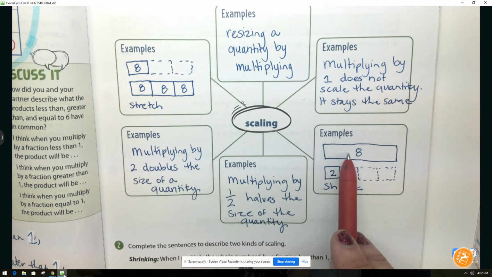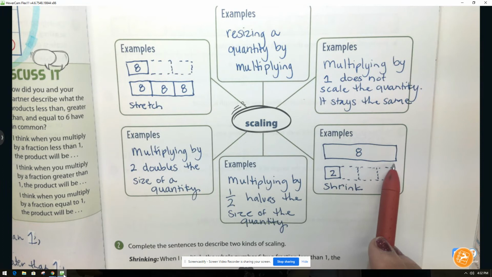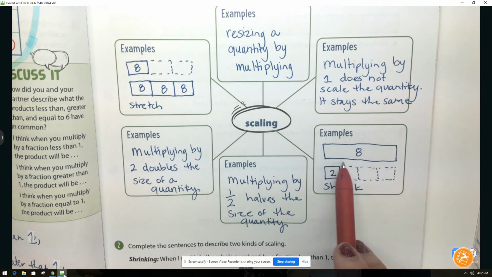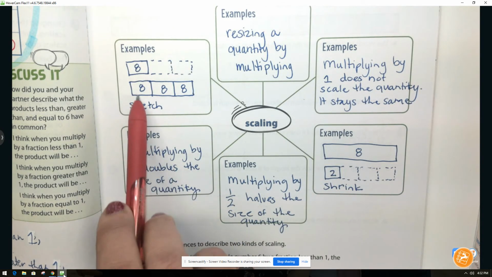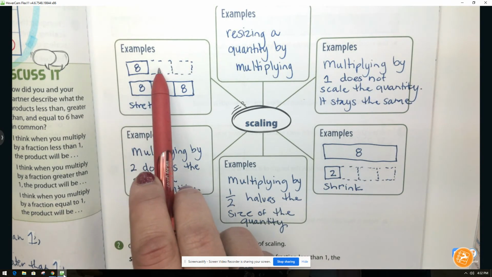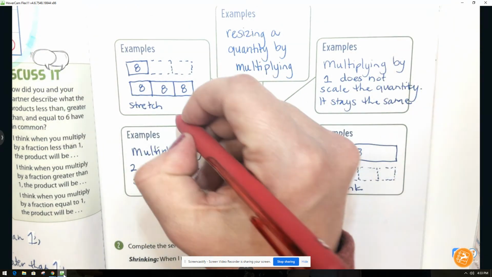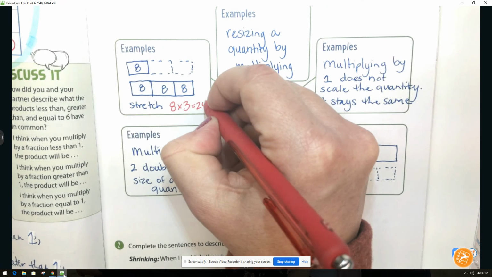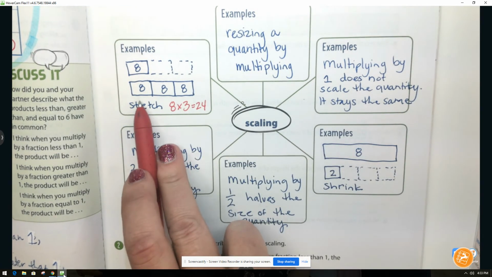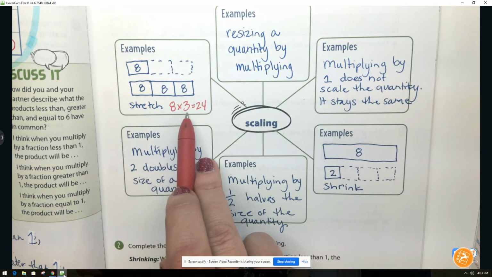When we multiply 8 by a factor less than 1, we shrink the amount to a smaller amount or a lesser amount. So here, in this example, 8 times 3 is 24. We are stretching 8 by multiplying it by a factor greater than 1.